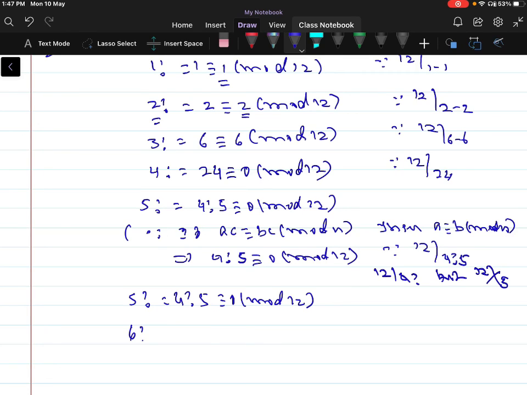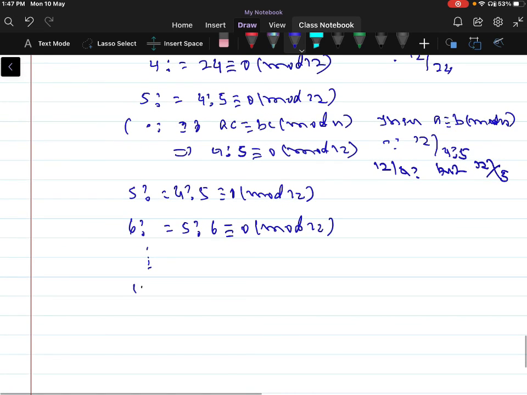Similarly, 6 factorial can be written as 5 factorial into 6, which again is congruent to 0 modulo 12, since 12 divides 5 factorial. And so on. So 100 factorial can be written as 99 factorial into 100, which again is congruent to 0 modulo 12.